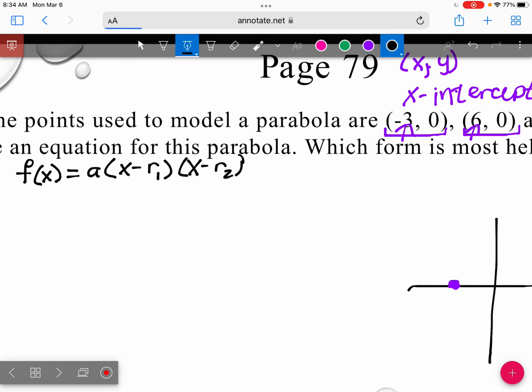So what we have right now, just from that information alone, we've got our f of x, or our y, I don't care what you put it as, some number a. We're going to have x minus negative 3 and x minus 6.